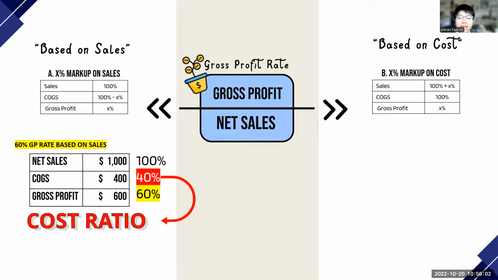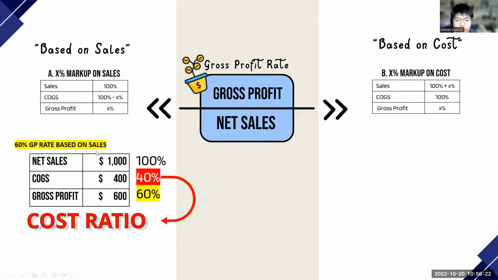Again, paano natin nakuha yung 40% cost ratio? We know that based on sales, ang 100% si sales. Alam natin na 60% si GP rate. So, the inverse or the 100 minus 60% is the 40% cost ratio.